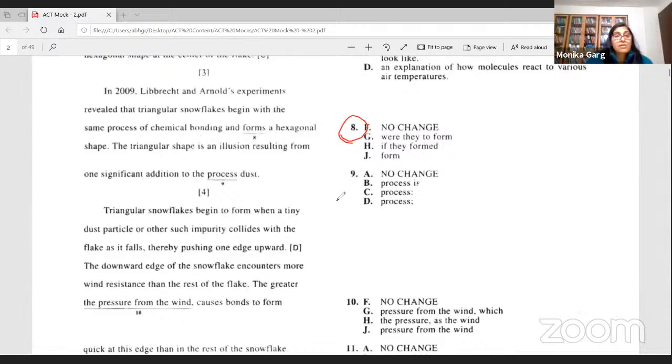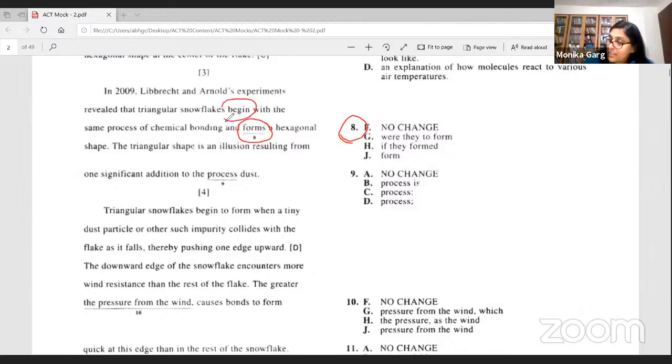In 2009, Liberet and Arnold's experiments revealed that triangular snowflakes begin with the same process of chemical bonding and forms. Can you see a mismatch here?